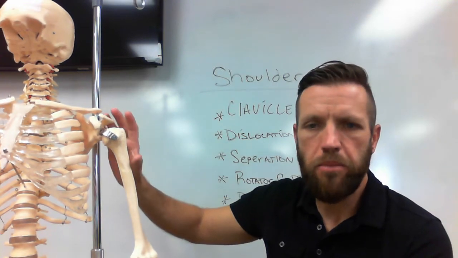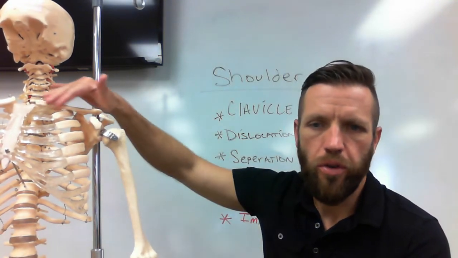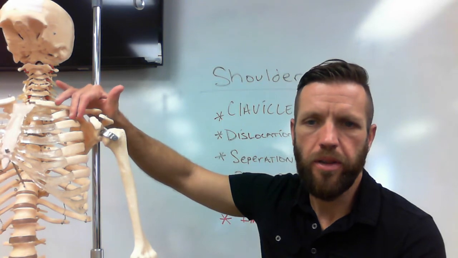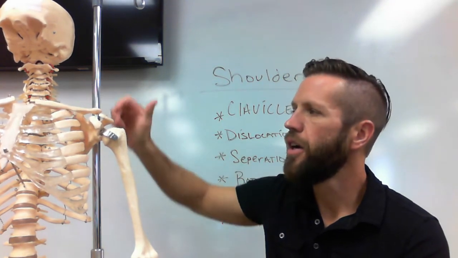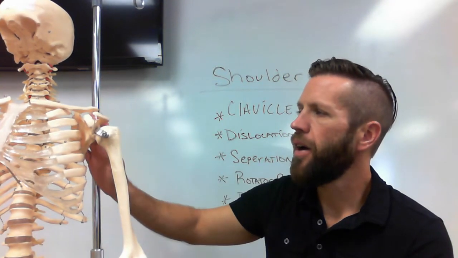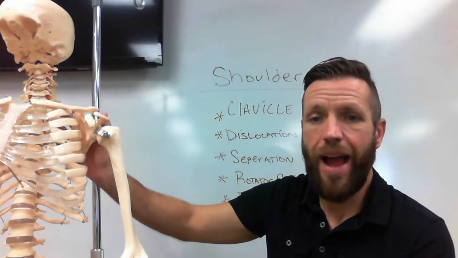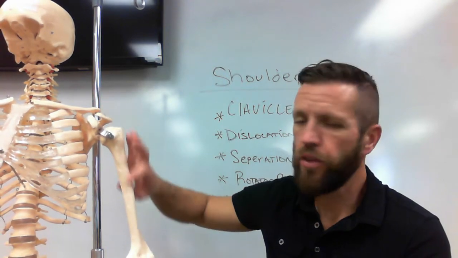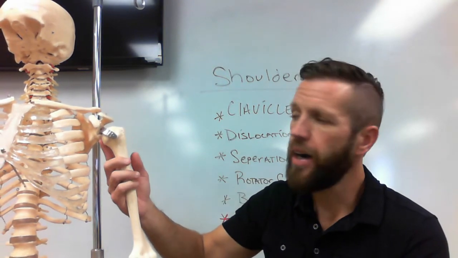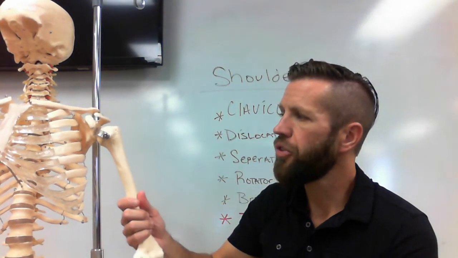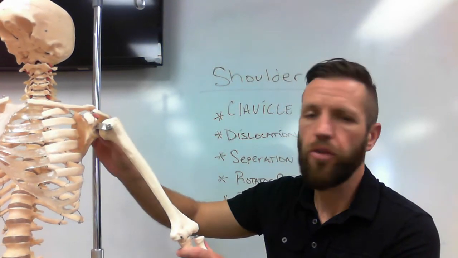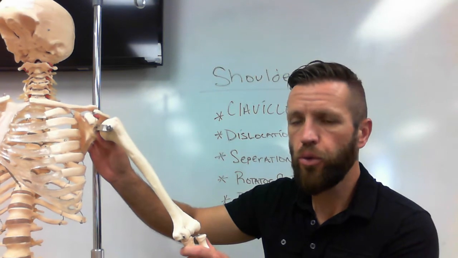You have three main bones that make up the shoulder. The clavicle, or your collarbone up here at the top, it's kind of an S-shaped curve to it in the middle. You have the scapula, which sits on the back of the rib cage, and then you have the humerus. The humerus has an interface with the scapula called the glenohumeral joint.